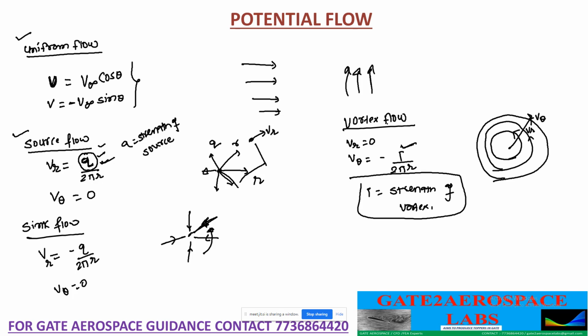Fine. Now we'll go on using these types of velocities. Using these velocities, I will generate the velocity components for different types of flow. Fine. So before going into that, I would like to summarize it here. We have seen first one, the uniform flow. Right, I will make a table.